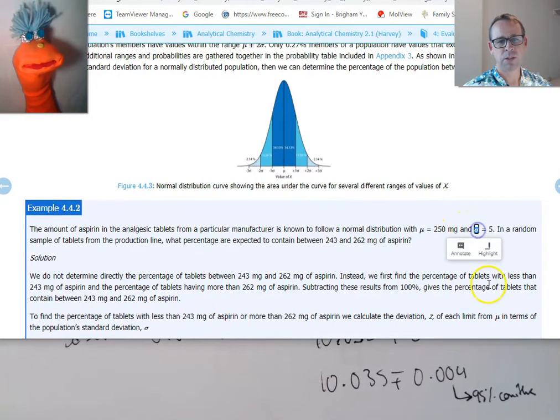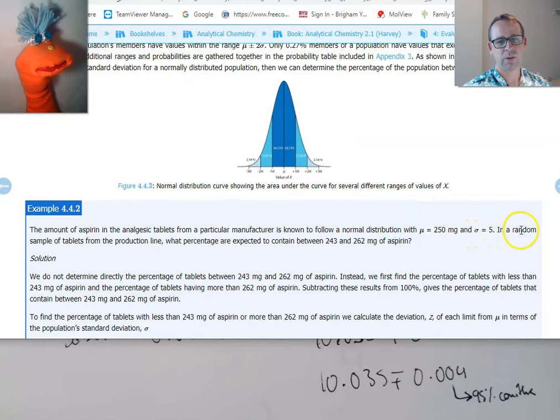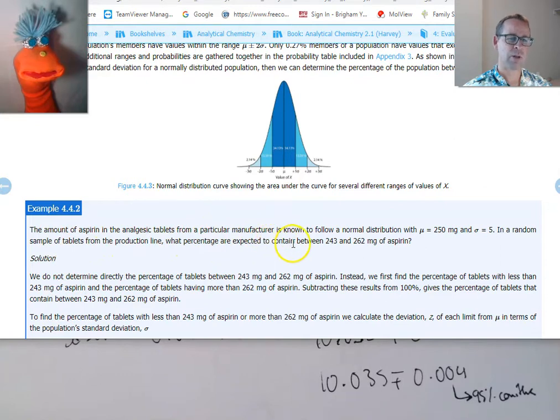Do you remember what this thing is? That's the sigma, right? Sigma, S for standard deviation, is 5 in a random sample of tablets from the production line. And we want to know what percentage of tablets are expected to contain between 243 and 262 milligrams of aspirin. All right.